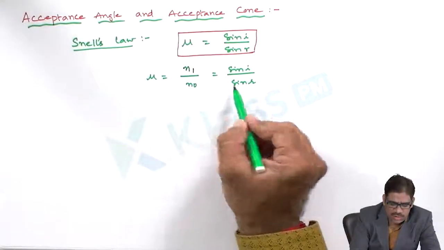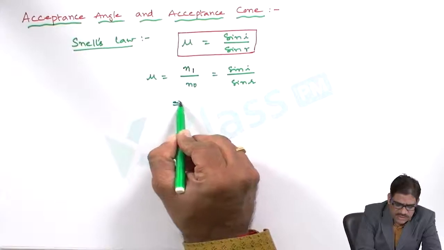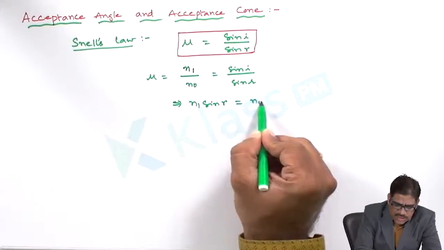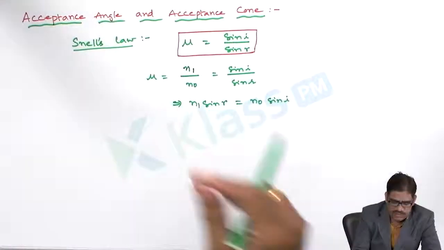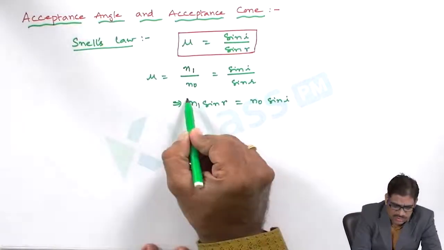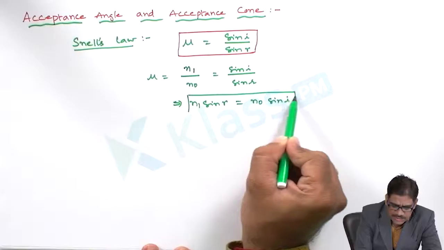Which implies N1 sin R is equal to N0 sin I. So this can be studied like this.